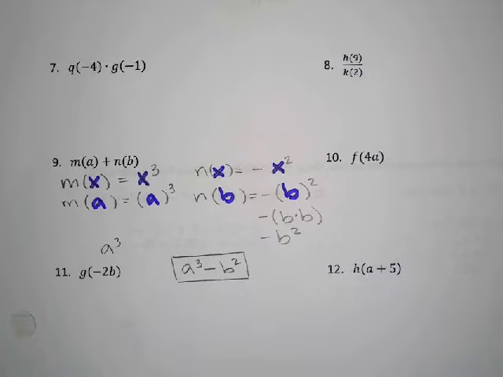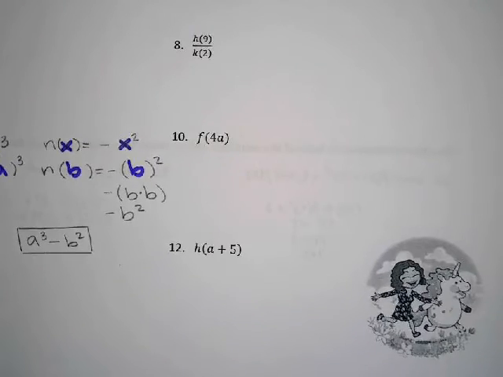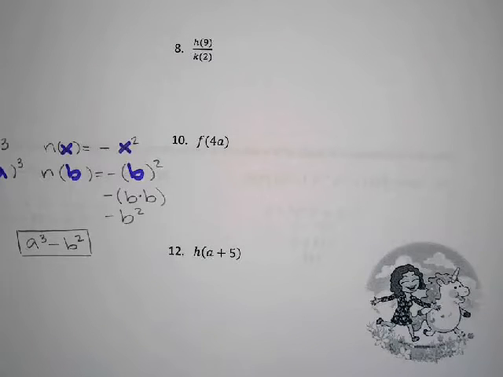I want you guys to try number 10. Try number 10. So it says f of 4a. So the first thing we're going to do is we're just going to write down what f of x is. So look at the top of your page, find f of x, and write it down.